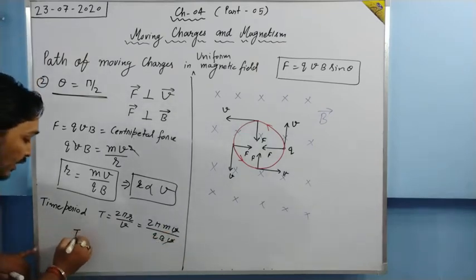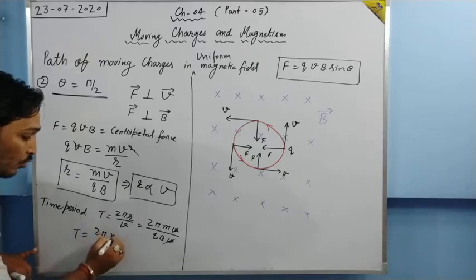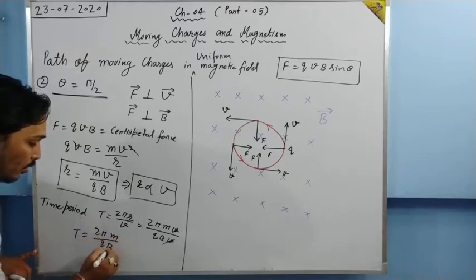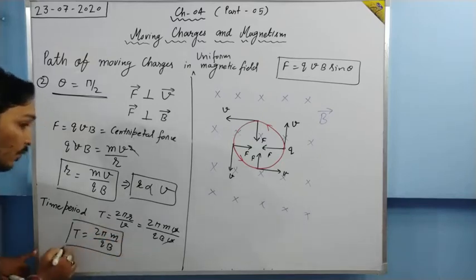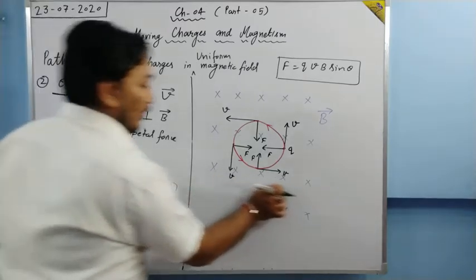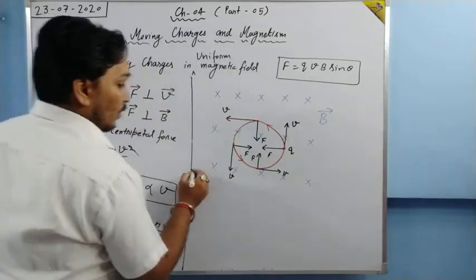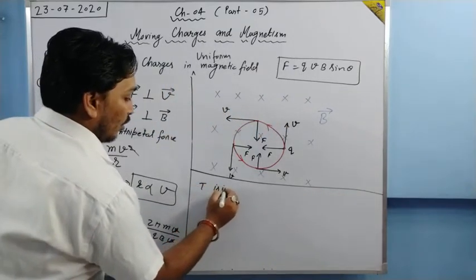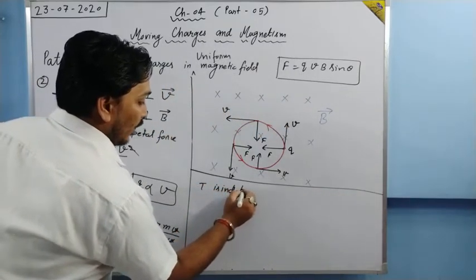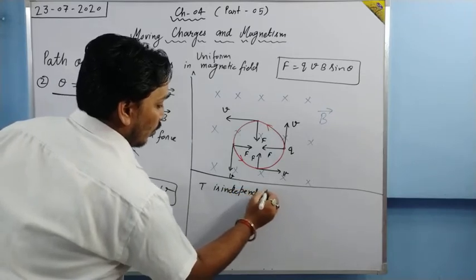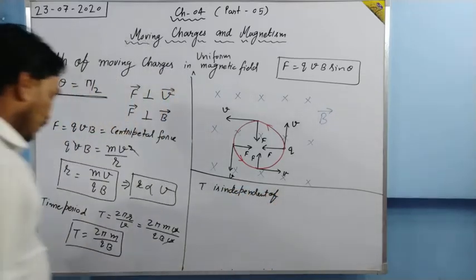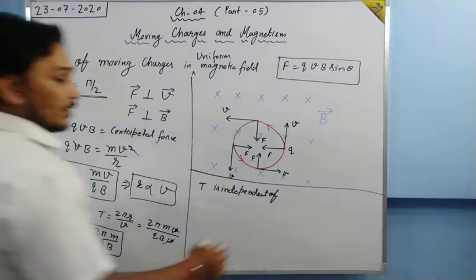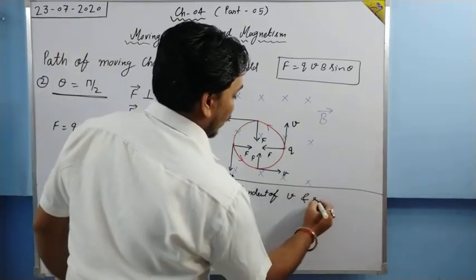So basically T is equal to 2 pi m upon qB. From here we come to know that T is actually independent of velocity and radius, v and r.